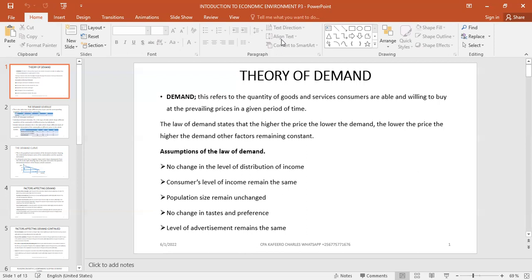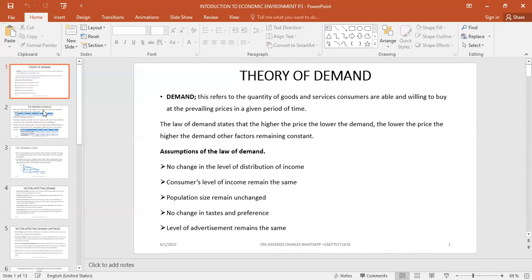But you may find that some of the things this law assumes can't remain constant throughout the period in which they are trying to determine the demand of certain items. Those are some of the factors that affect the demand of a certain product. When those assumptions do not exist, we expect that the demand is going to be affected.